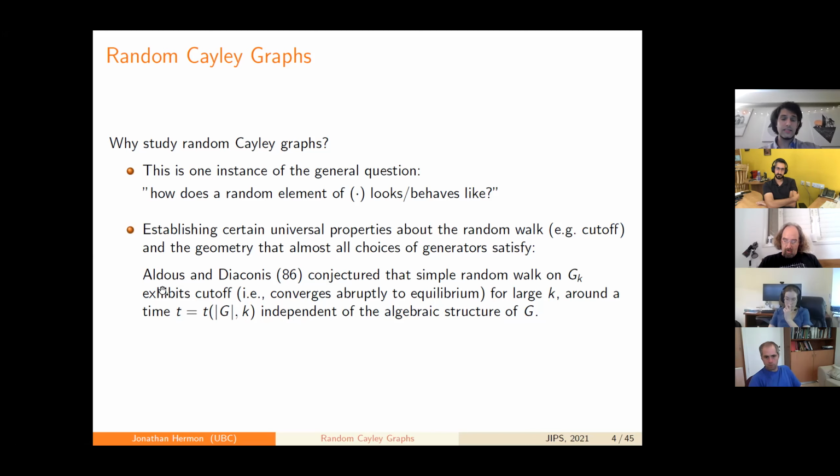This is really motivated by a conjecture of Aldous and Diaconis from their seminal 86 paper, in which they coined the term cutoff.